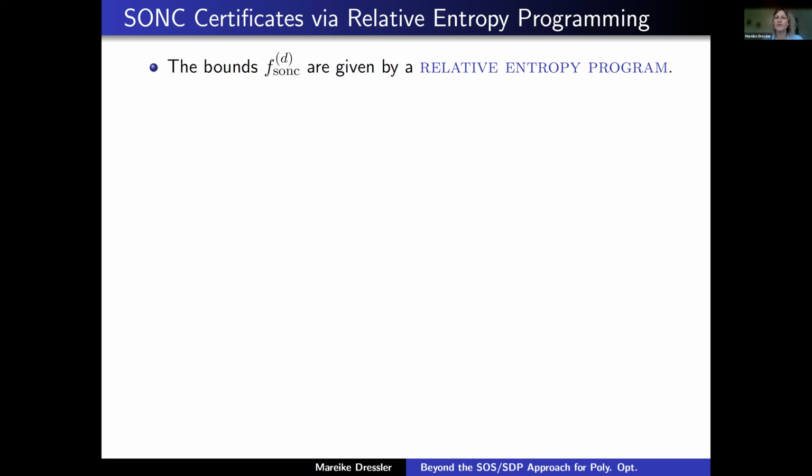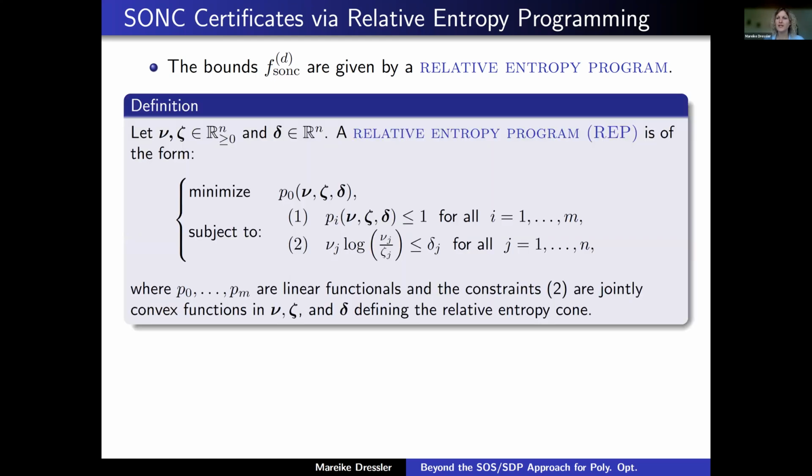And I'm not sure if you're familiar with these kind of problems. So here is how a relative entropy program looks like. So we are minimizing linear functionals subject to some linear constraints and a specific conic constraint, namely this relative entropy constraint here, which is nicely and jointly convex in the variables defining this cone.